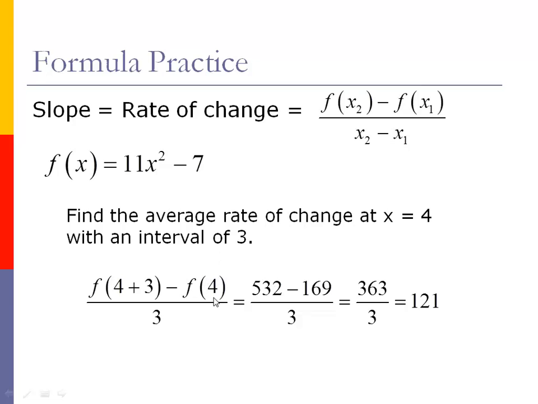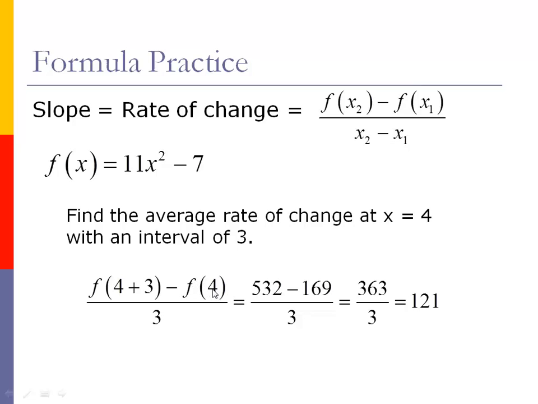Then I take this 4 here, it's f parentheses 4. That means I take the 4, plug it into that formula up here where the x value is. That's 4 squared is 16 times 11, and then minus 7. That's where I got 169. And so I've calculated my y values. You're going to notice here that the 532 and the 169 do not have an f parentheses thing anymore.